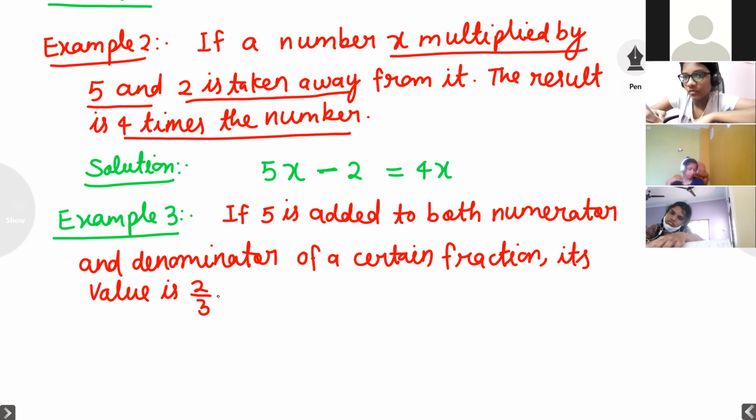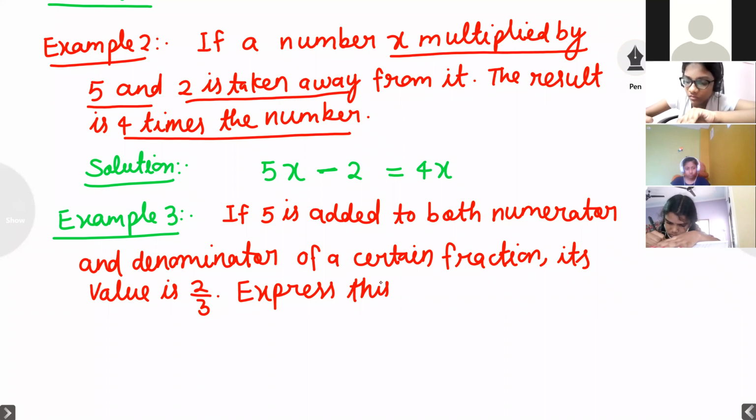Express this fact by a formula. This is a little bit of a twisted question.